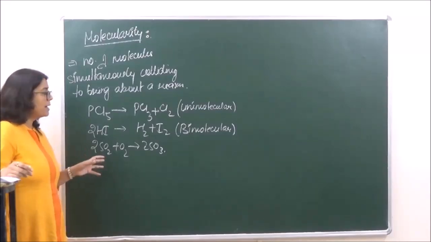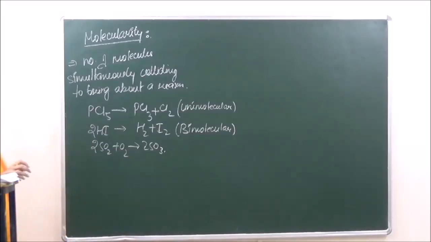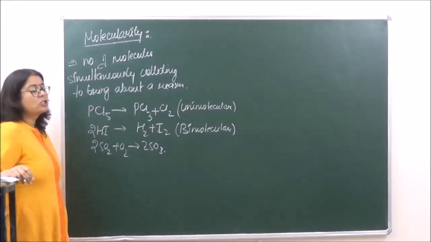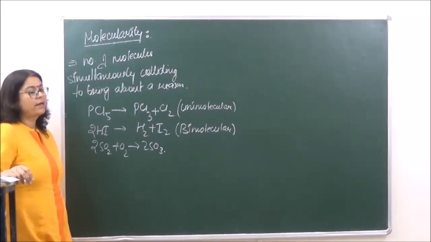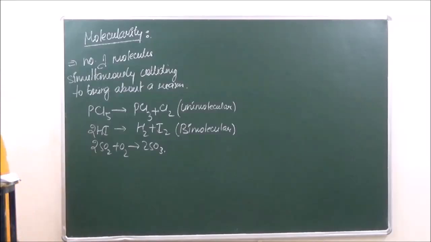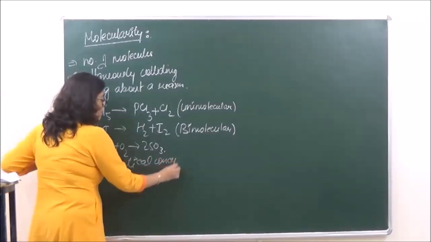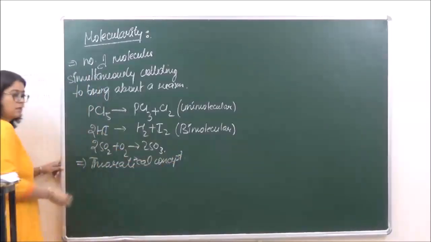Sometimes there are certain reactions which take place in more than one step. Then the slow step will give us the molecularity of the reaction. So when we are talking of molecularity, we say that molecularity is a theoretical concept.